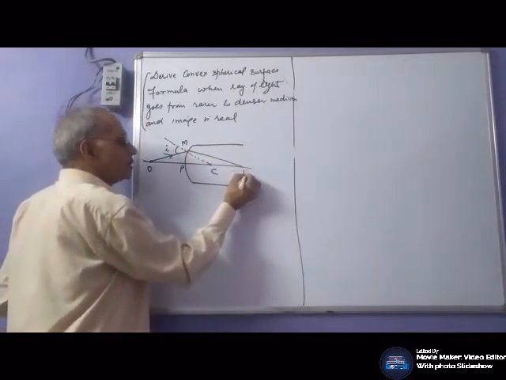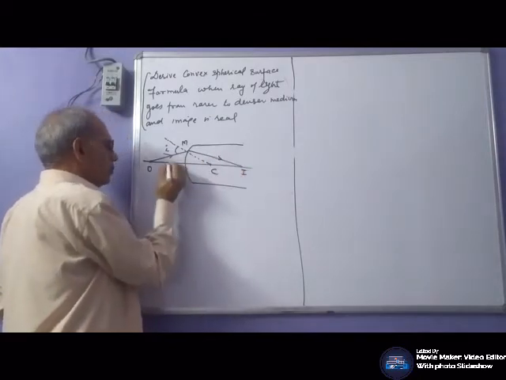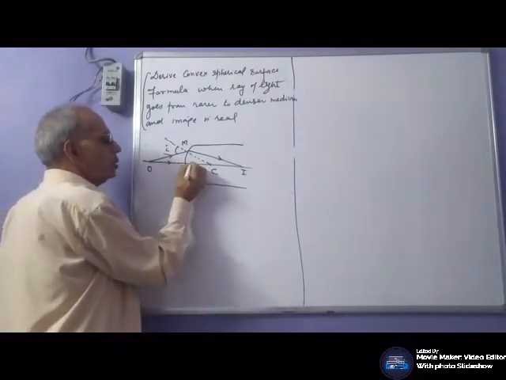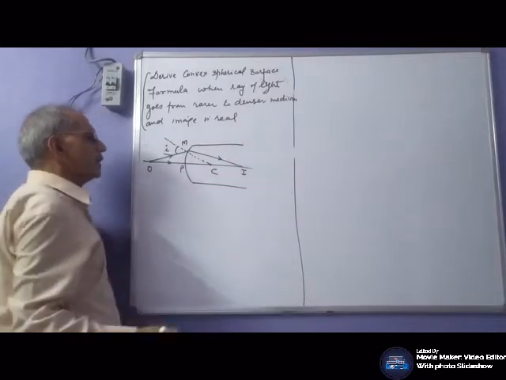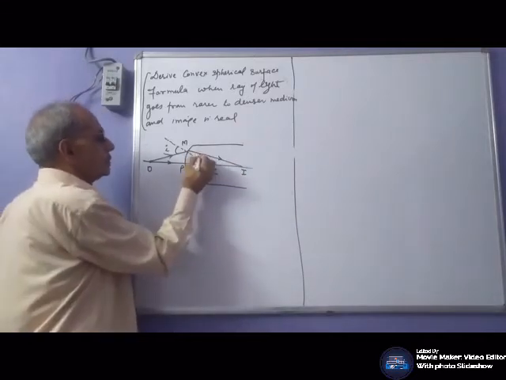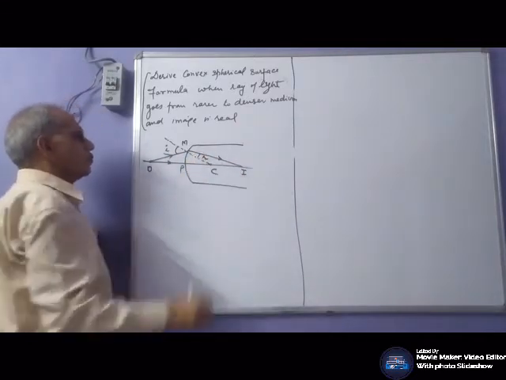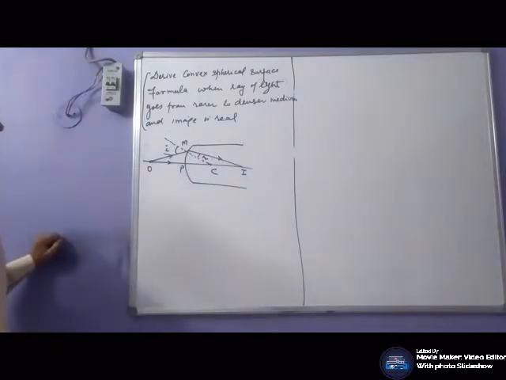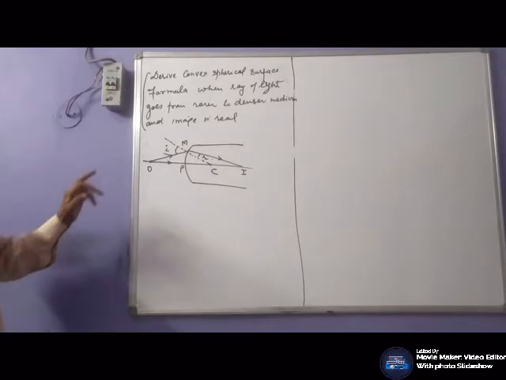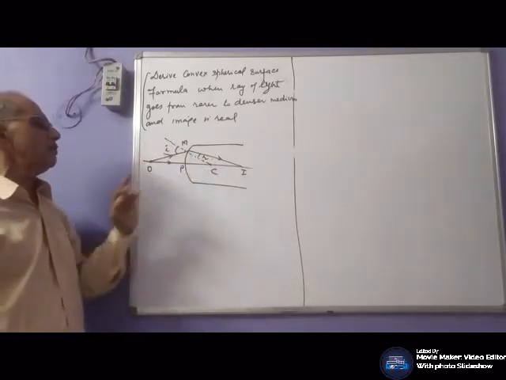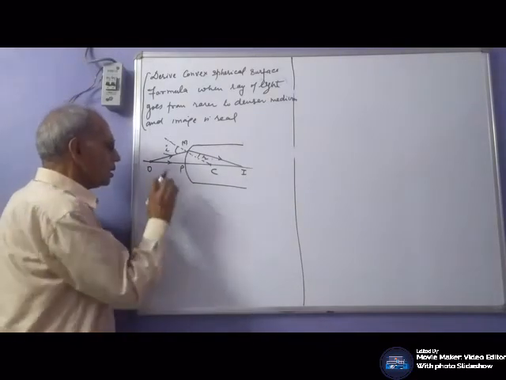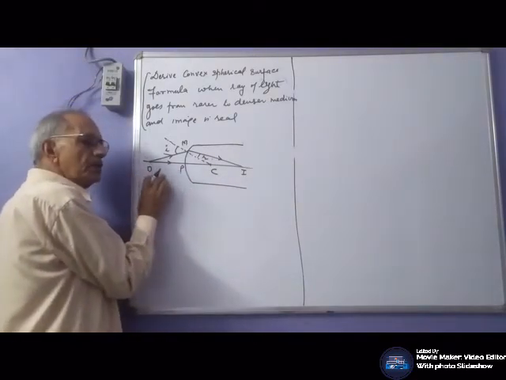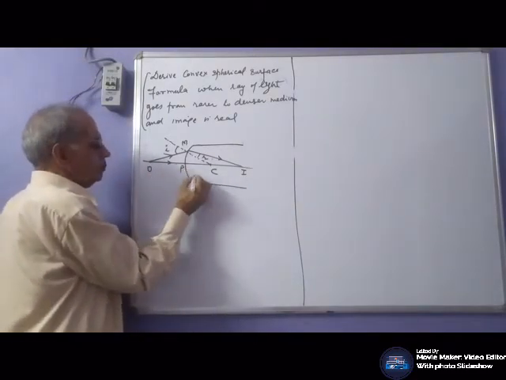This is the image, because the second ray through the pole directly, they meet at I, image. This is R. So first, draw rays through a convex spherical surface for formation of a real image. Goes from rarer to denser medium.